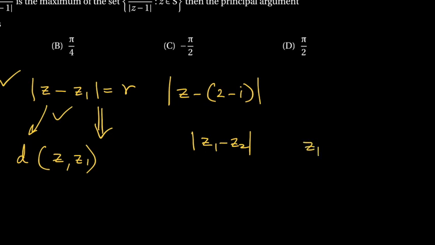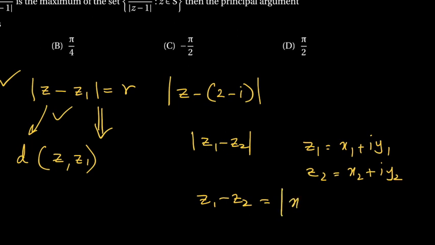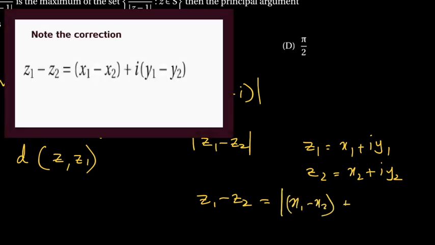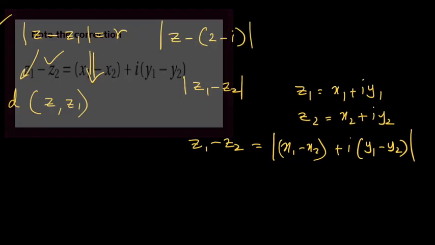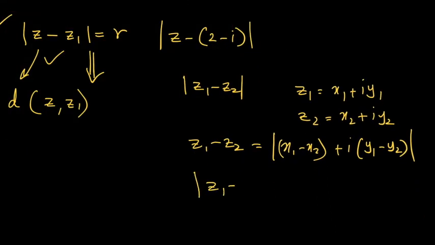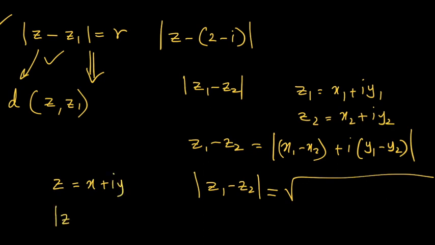Why is this so? Because if we have Z1 equal to x1 plus i y1, Z2 equal to x2 plus i y2, your Z1 minus Z2 is nothing but x1 minus x2 plus i times y1 minus y2. Now, when you take the modulus of this quantity, modulus of Z1 minus Z2 is going to be root over, if Z is x plus iy, mod Z is root over x squared plus y squared.